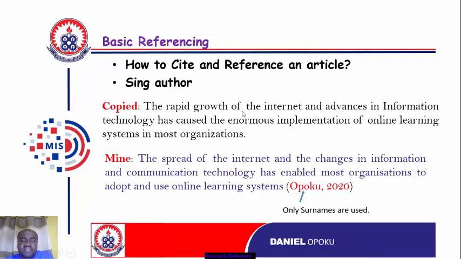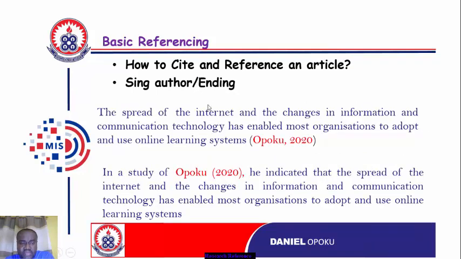Now, let's look at how to reference a particular article using only one author, when an article is written by only one person. Okay. So this is how to reference these articles. The spread of internet and changes in information technology has enabled most organizations to adopt and use e-learning. When I finish like this, I bring the reference Opoku 2010.